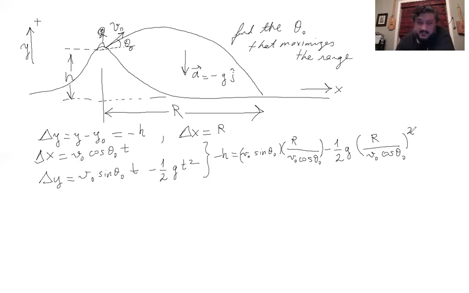Well, v naught goes away right away. So r is a constant. We have sine theta over cosine theta, which is a tangent.